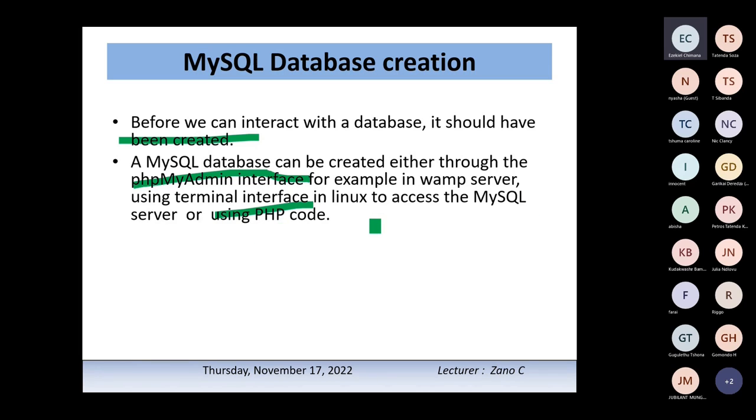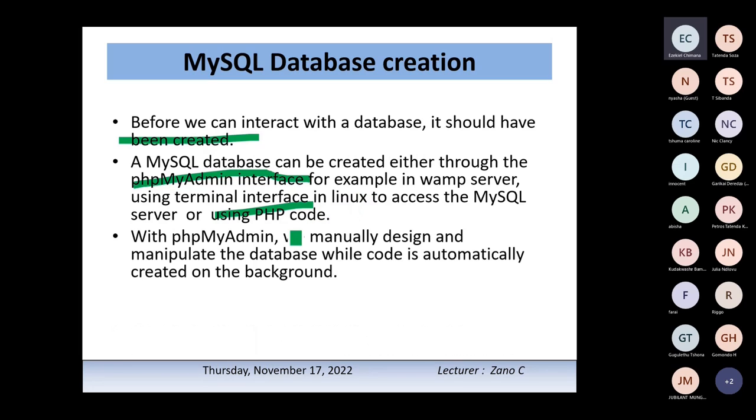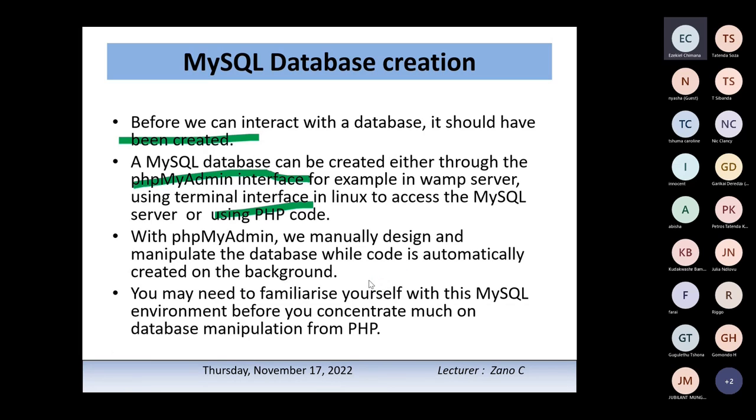You can also create the database manually and then link it using PHP. With phpMyAdmin, we manually design and manipulate the database, while code is automatically created in the background.